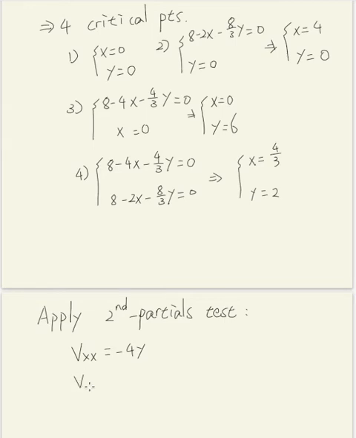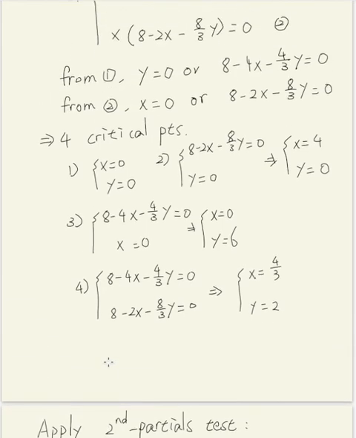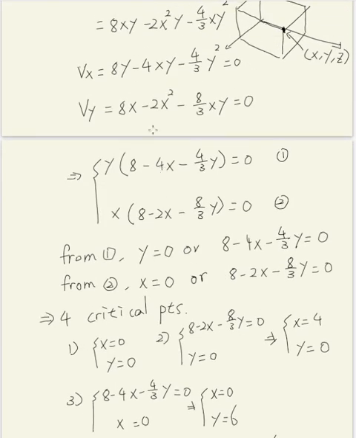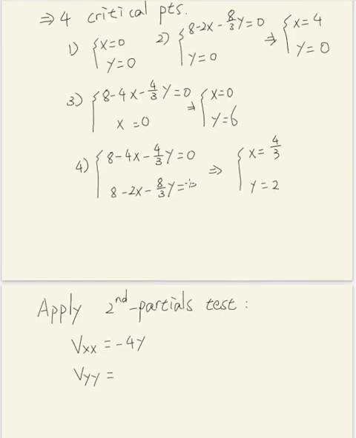And V partial y partial y equals minus 8 over 3x.